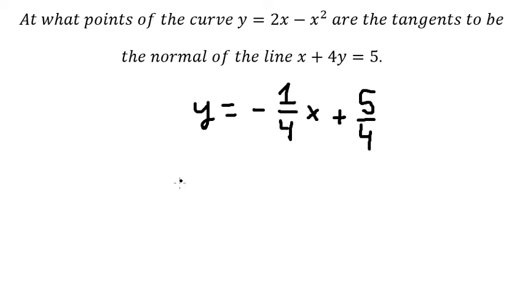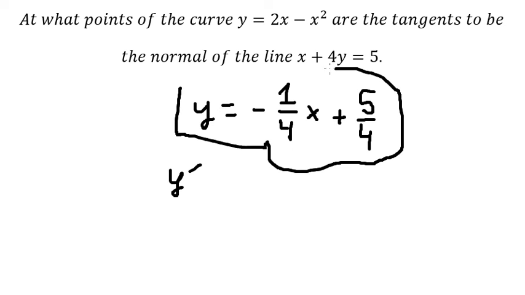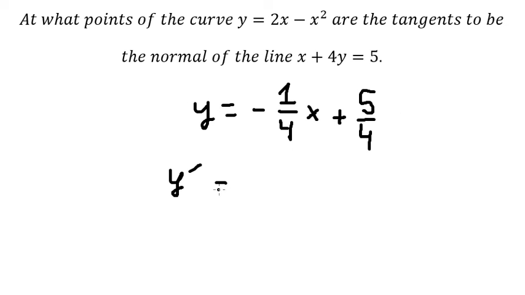Next, we need to do first the derivative of y. So you got about negative 1 over 4. First the derivative of x, you got about 1. First the derivative of 5 over 4, this is about the constant, so you got about 0.